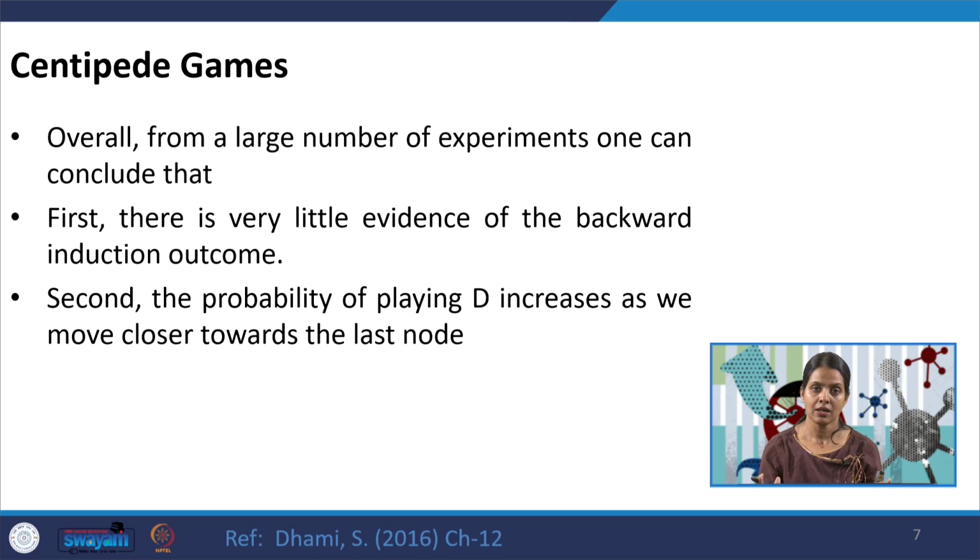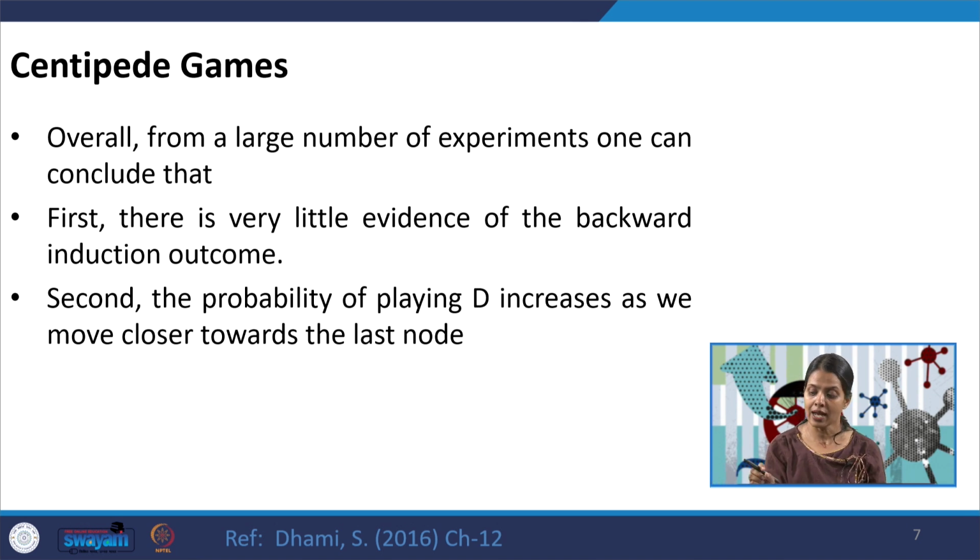If I consider 4 move games, then backward iteration requires going 4 steps back. As we say that people cannot go beyond a couple of steps, one can play the D move around the second or third move. Similarly, if I expand the game, then again iterations might happen only at the last second or first or second moves, right.